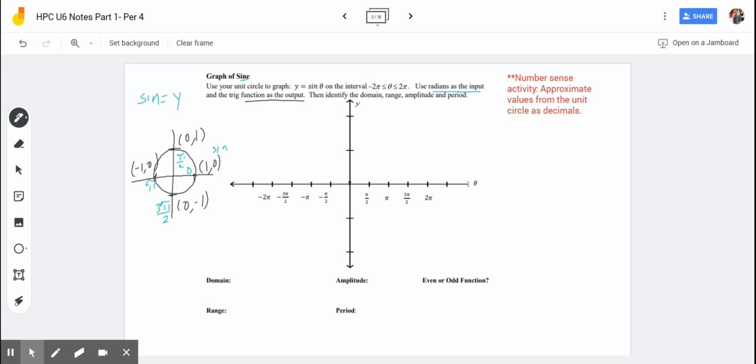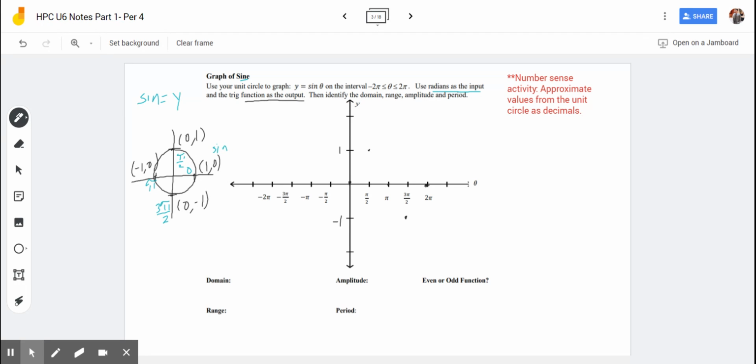I'm plotting the points on the coordinate plane. At pi over 2, we're at 1. This is at negative 1 here. At pi, we're at 0. At 3 pi over 2, we're at negative 1. And then at 2 pi, we're back at 0.